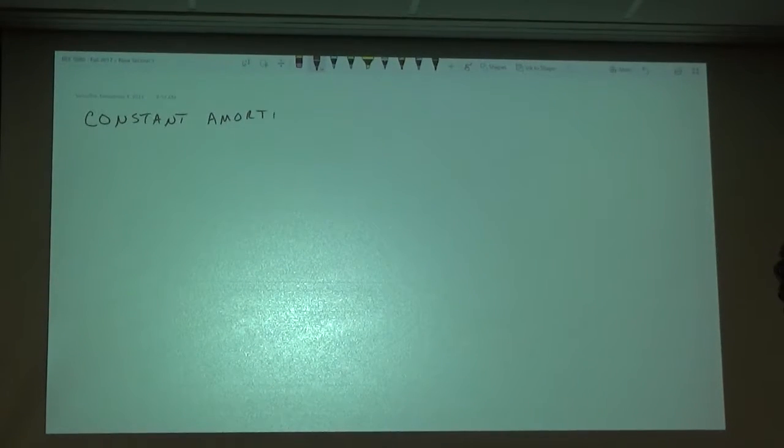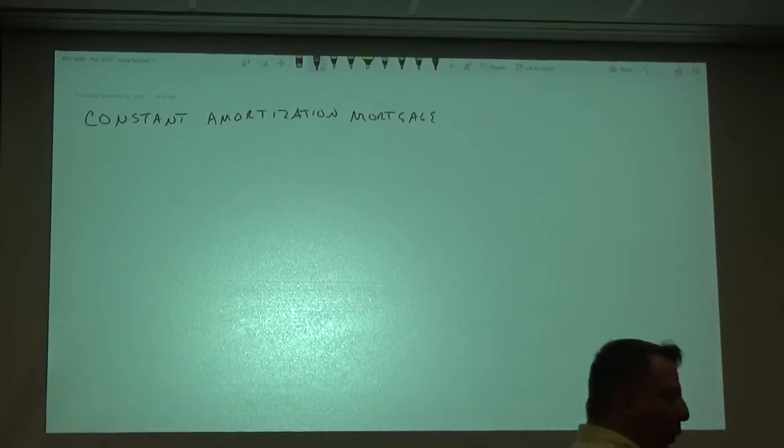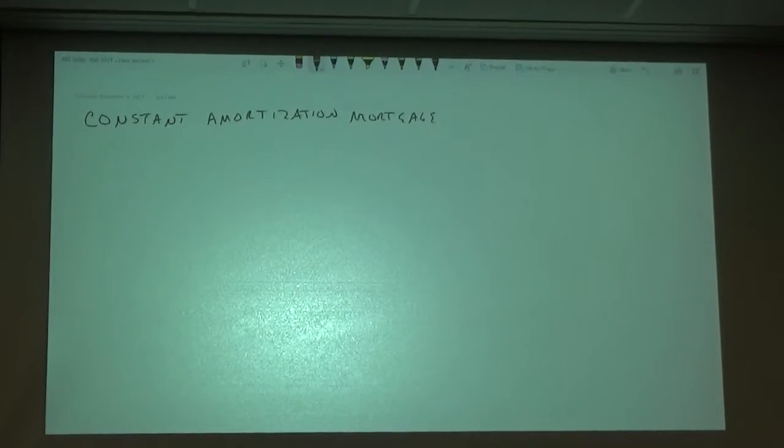Okay, so constant amortization mortgage, this is where the dollar amount that gets paid off of your principal is the same every single month or every single payment.